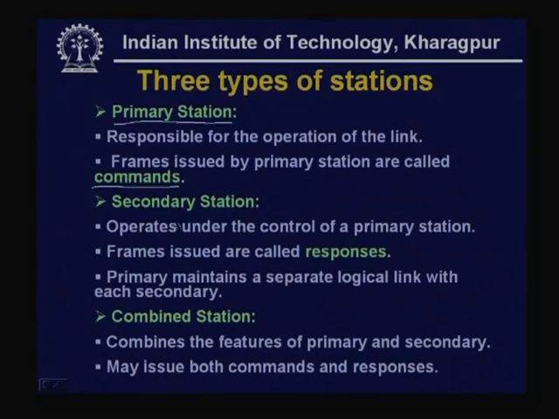On the other hand, a secondary station operates under the control of the primary station, and frames issued by secondary stations are known as responses. So commands are issued by the primary station, responses are issued by secondary stations.